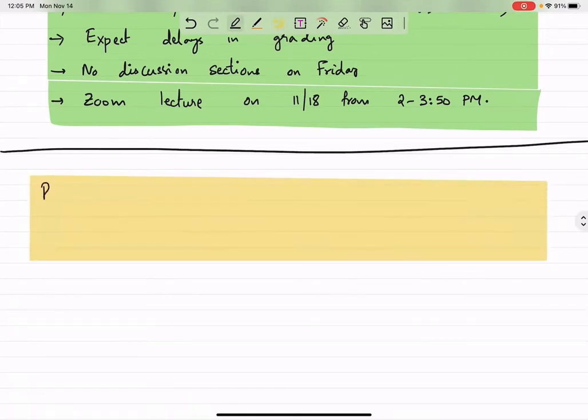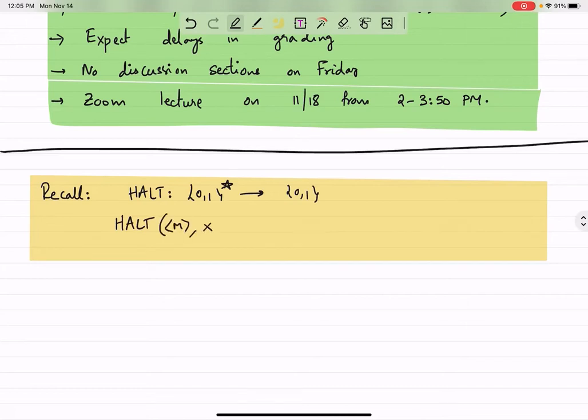Okay, so recall, we define the halt function. It said, if I give it the description of a machine M and an input X, it should say 1 if M halts on X and 0 if not.